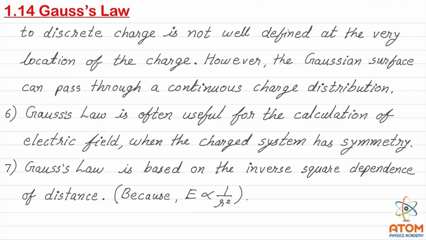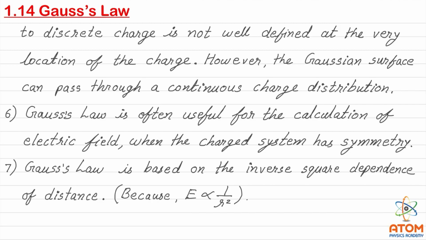For example, here is a proton. Now, if I pass any Gaussian surface through this proton, if I assume like this, then at the very point of this proton, the electric field is not well defined, because as per the equation of electric field, E is proportional to 1 upon r square.